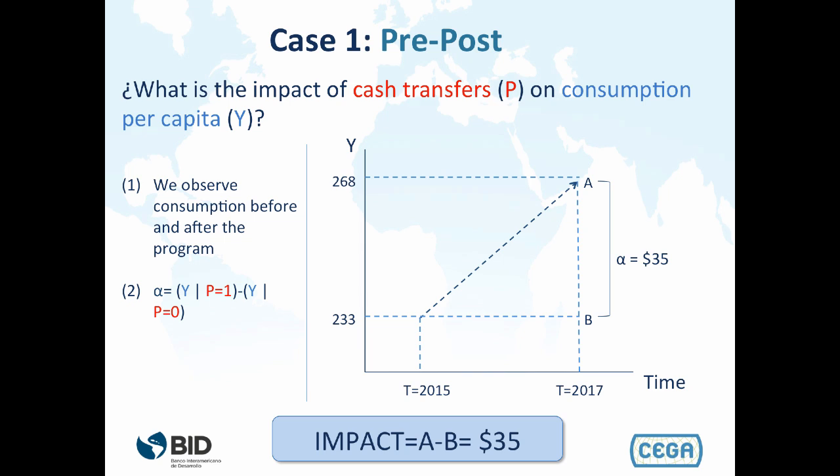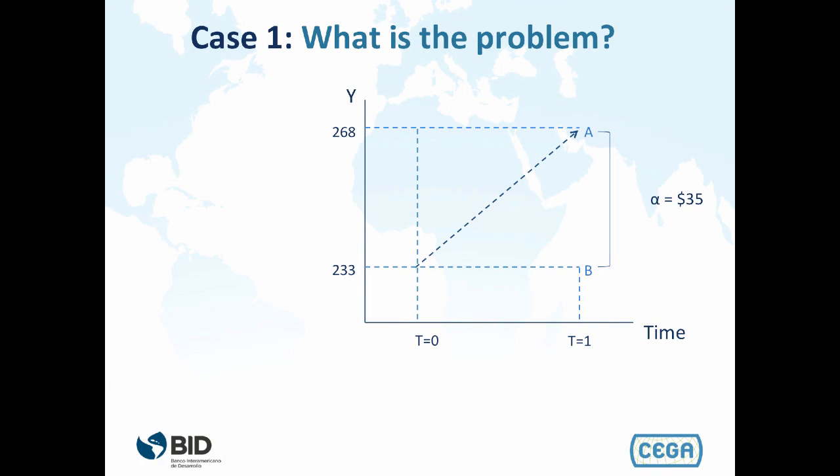Then our estimate of impact is the difference between A and B, or 268 minus 233, which is alpha equals $35 in this case. Now that assumes that what the food consumption was in 2015 would be the same in 2017 had Fulanito not gotten the cash transfers.